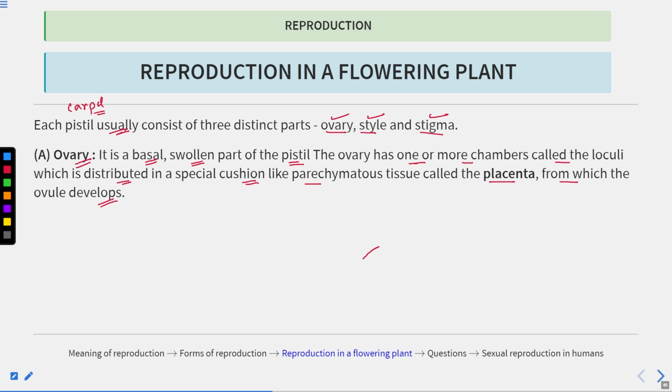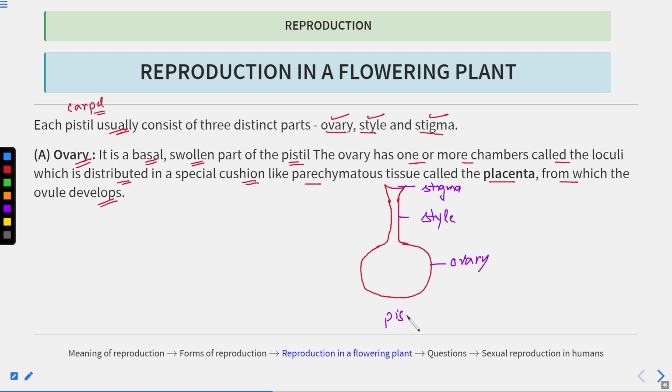If we draw the structure of the pistil, it has a swollen base, then here you have the style, and the upper region is known as the stigma. So this region is the stigma, this is the style, and this swollen part is the ovary.